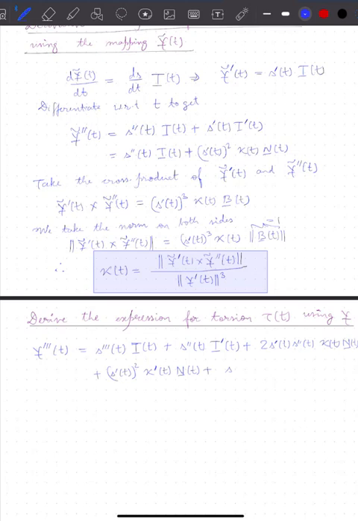The third term is kappa of t and n prime vector of t.